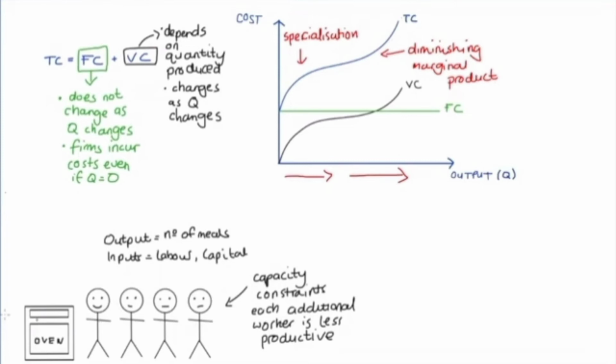Workers won't be as productive because they are all using one and the same oven to produce. Yes, hiring more labor makes them produce more goods, but the problem is that the more the labor and the less the capital, the more it creates a constraint on the capital.